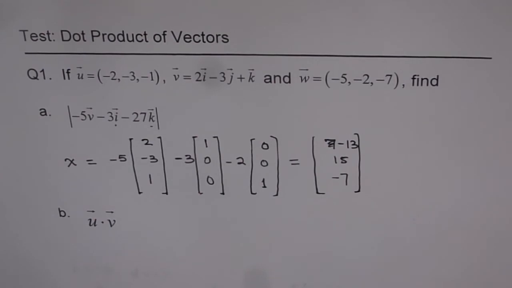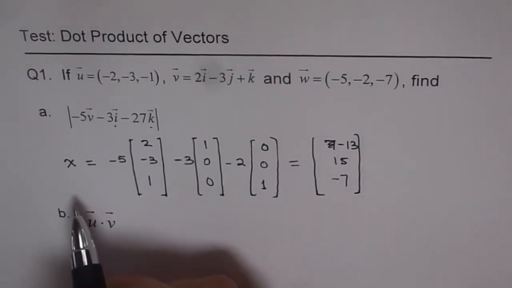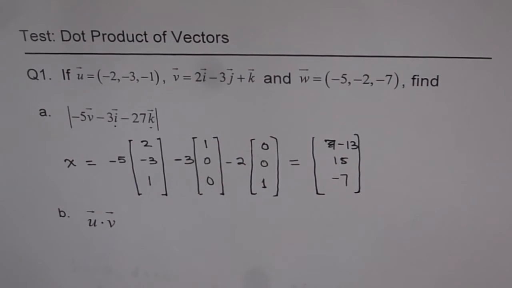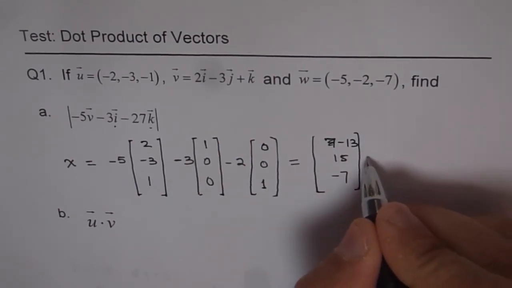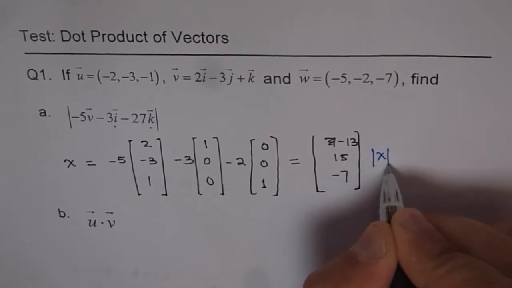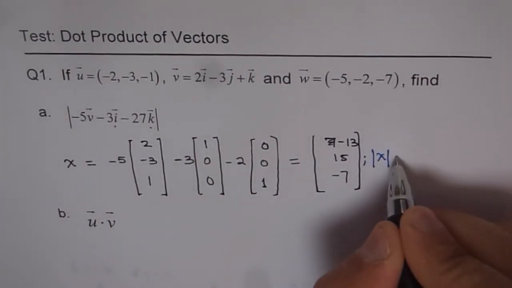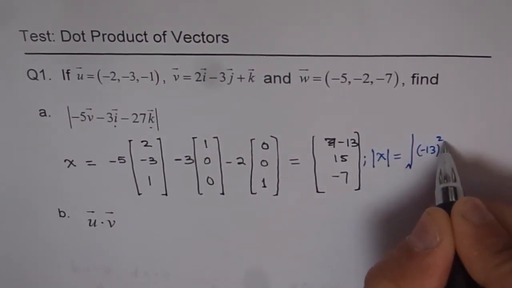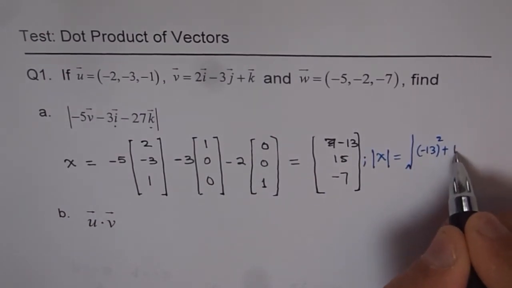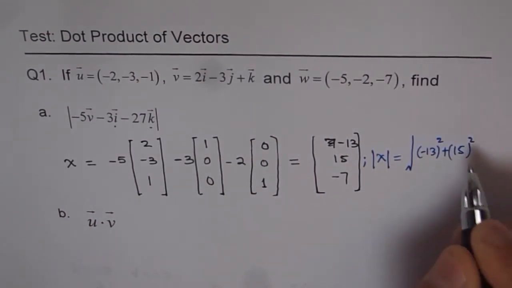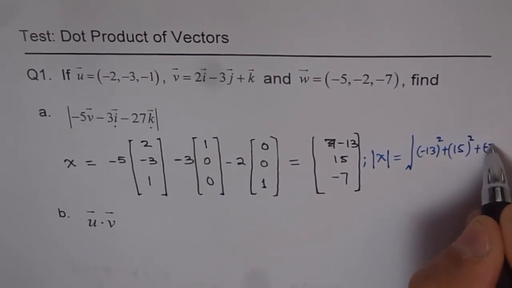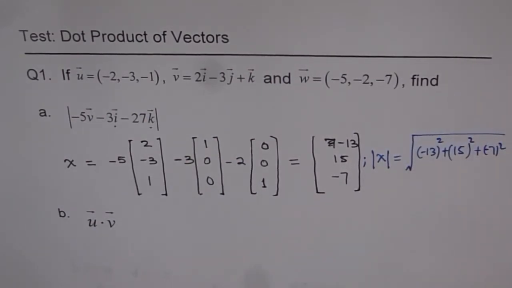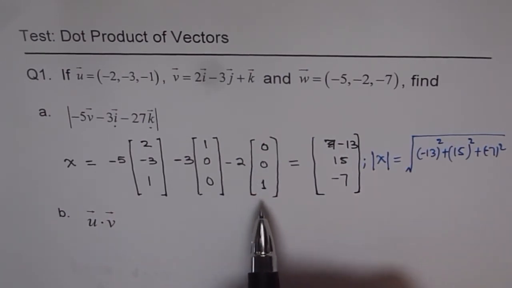Now, once you've done this x, you can find the absolute value of x, which is what you need to find, and that is equal to the square root of the sum of squares, which in our case is minus 13 squared plus 15 squared plus minus 7 squared, right? So that gives you the answer for this particular question.